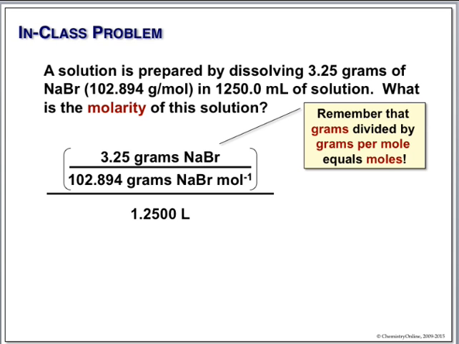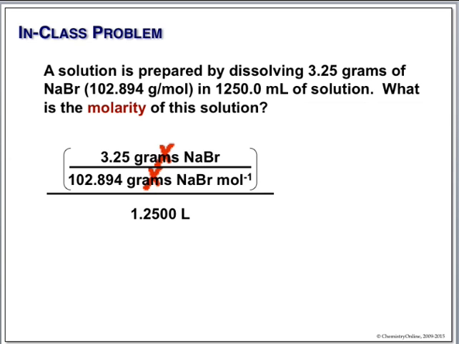So this is moles divided by liters. The grams cancel. Mole comes up top because it's a negative exponent in the denominator. And we're left with 0.02 moles per liter.